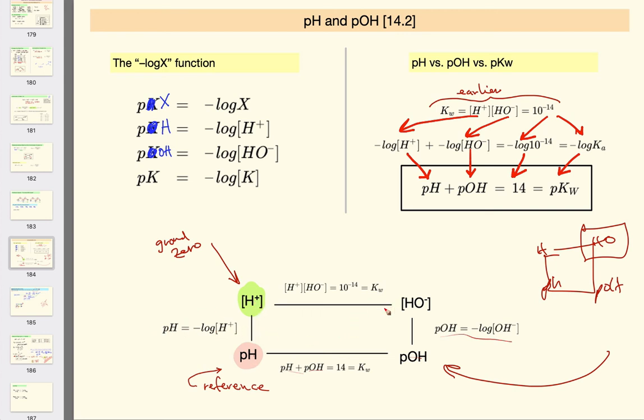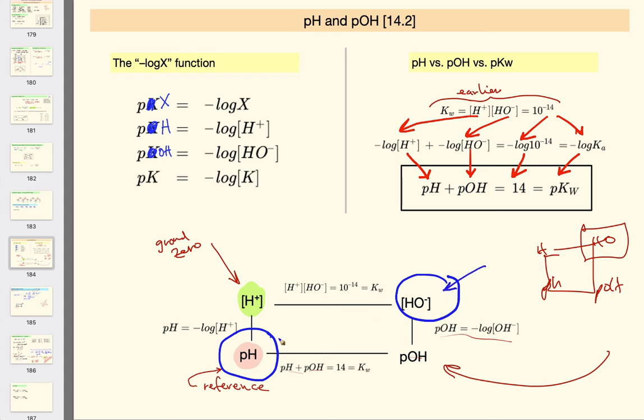So here's what this means. If you know any one of these, you should be able to calculate the others. And I will tell you, it is very, very common fare in chemistry for you to be given information about one of these, but it asks about another. And it can be confusing if you don't realize it. If it's asking about the pH, you're thinking acid, but then it's talking about a base.